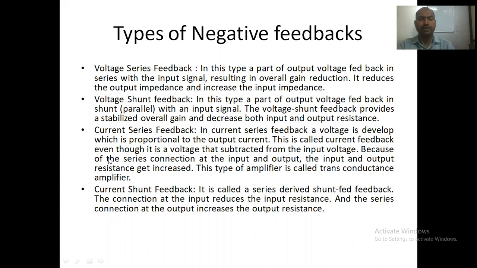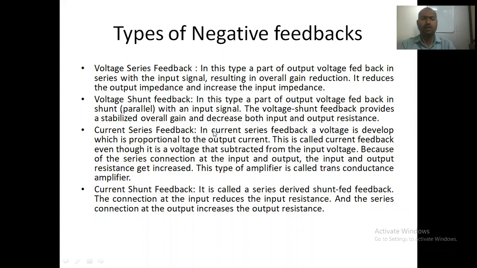Usually in the case of the following application, I'm telling you related to it. In current series feedback, a voltage is developed which is proportional to the output current. Basically, in current series feedback, the output coming is not directly a current. Whatever output comes with respect to current series type of feedback is basically a voltage.